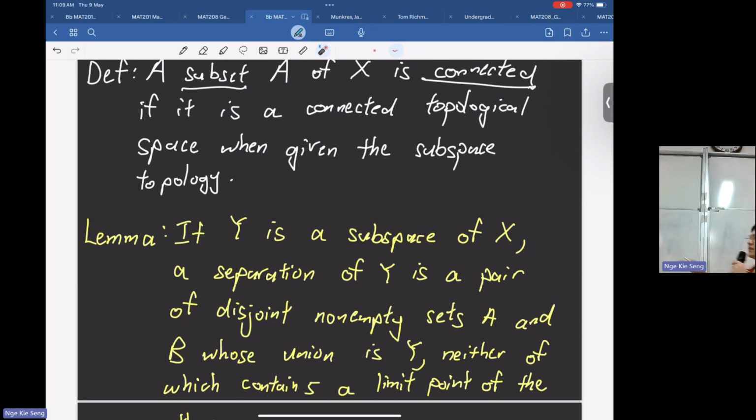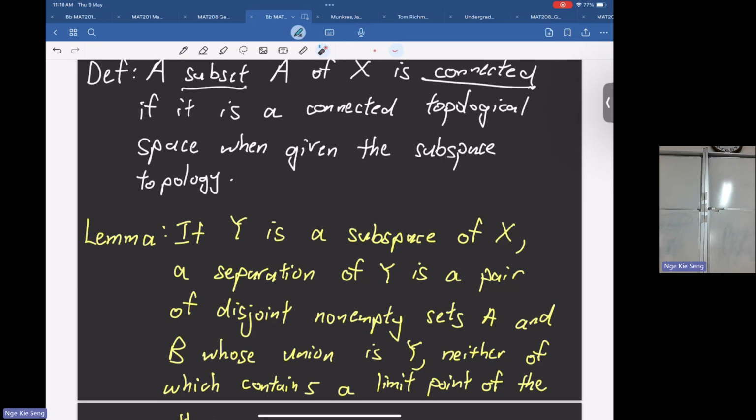So here it says that if you have a separation of Y, and these two sets union to your whole subspace, but neither of them contains a limit point of the other, you cannot be infinitely close to the other set.